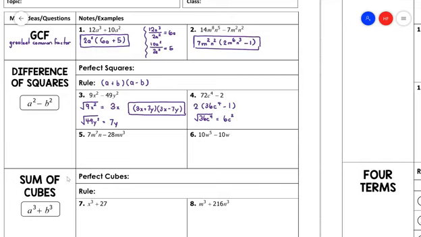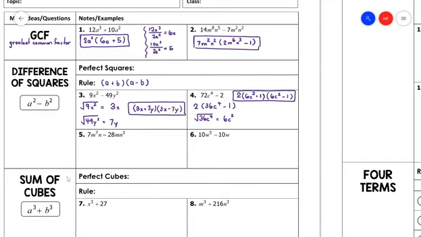The square root of 1 is 1, so my answer, we can't forget the 2, would be 2 times 6c squared plus 1 times 6c squared minus 1. So we're having one with a plus and one with a minus, and we take the square root of both terms.